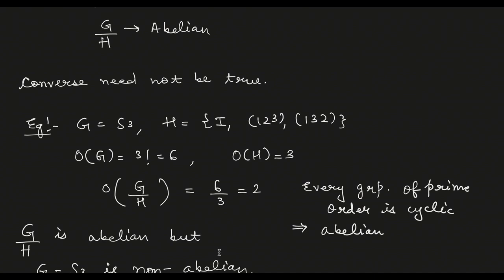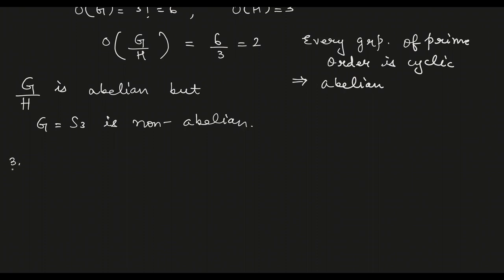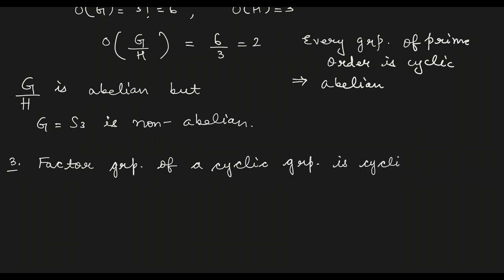Next, the factor group of a cyclic group is cyclic. The converse need not be true. The same example will work.